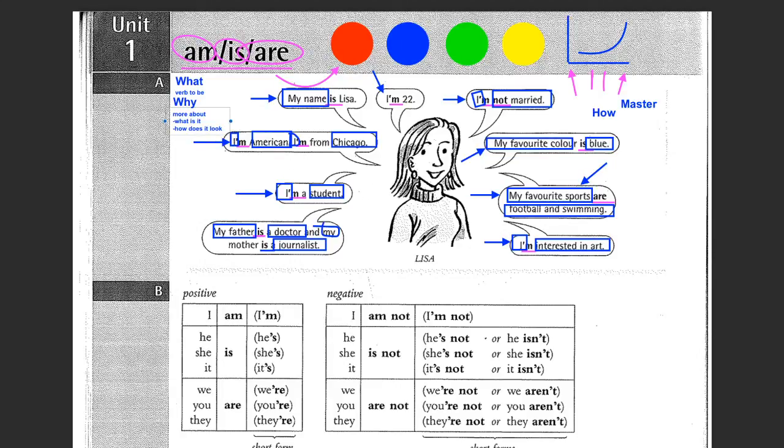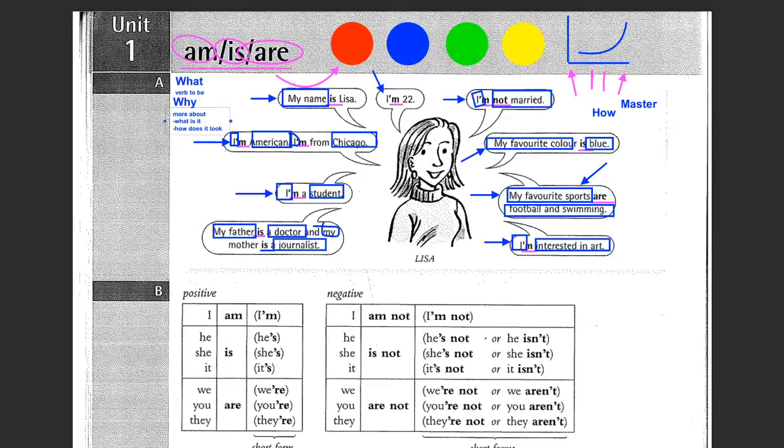And you can find out that all of these sentences belong to a pattern.